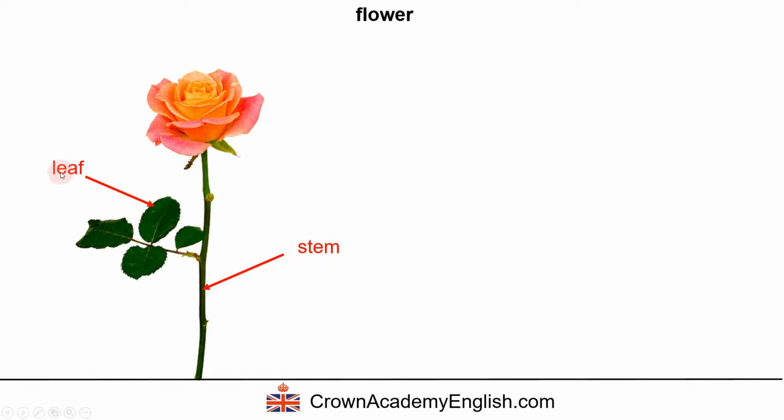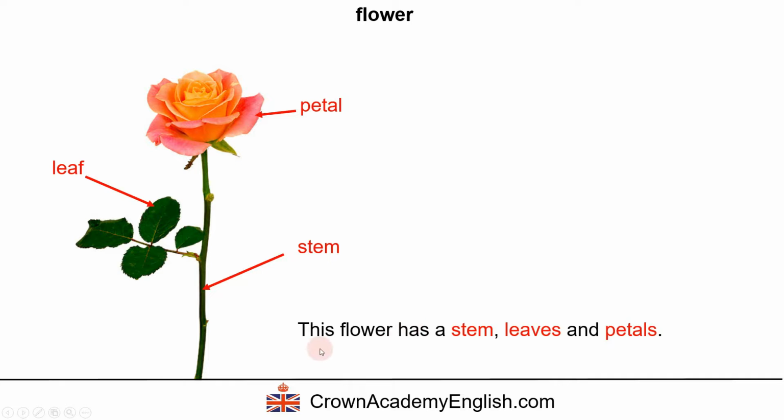So the plural is L-E-A-V-E-S. And this is a petal. This pink part here is one petal. This is another petal. This is another petal. So this flower has a stem, leaves, this is the plural, and petals.